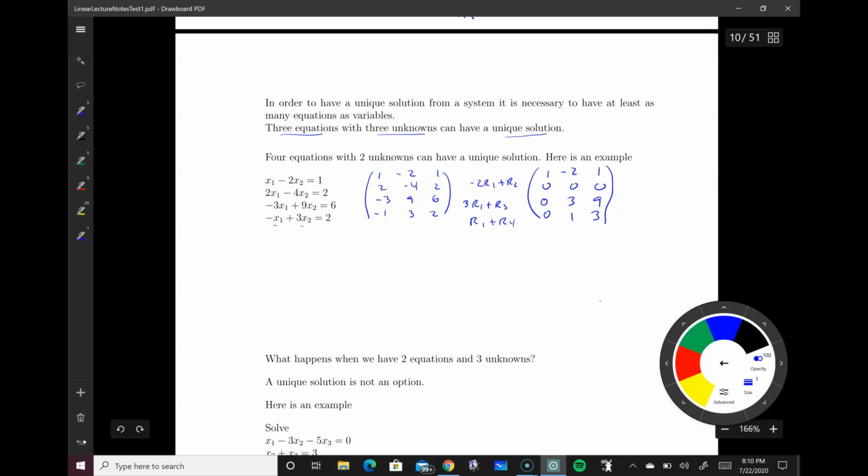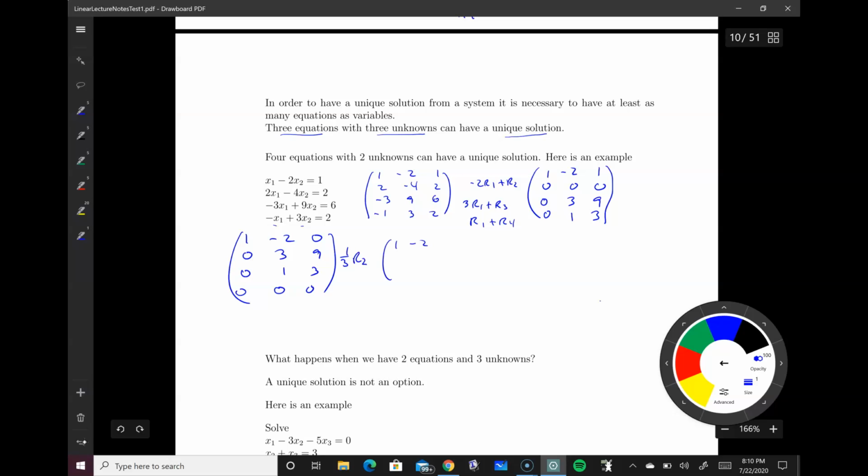All right, so with echelon form, we always want to move the row of zeros to the bottom. So let's do that. Let's multiply row 2 by 1/3.